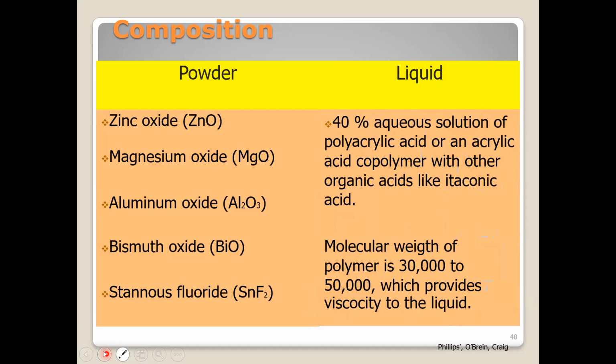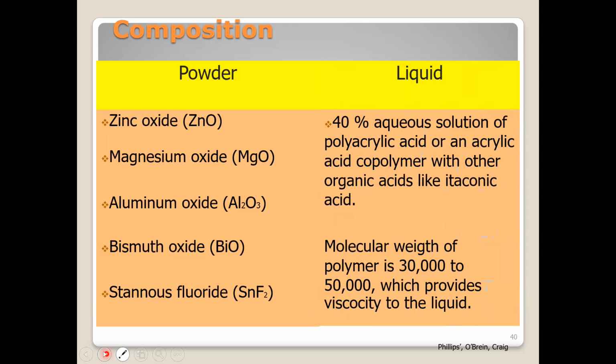What is a liquid now? Liquid has undergone major change. There is no longer phosphoric acid. It is 40% aqueous solution of polyacrylic acid or an acrylic acid copolymer with other organic acids like itaconic acid. Tartaric acid can also be there.